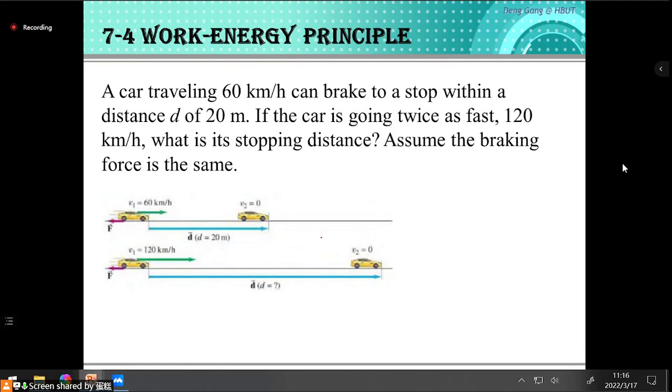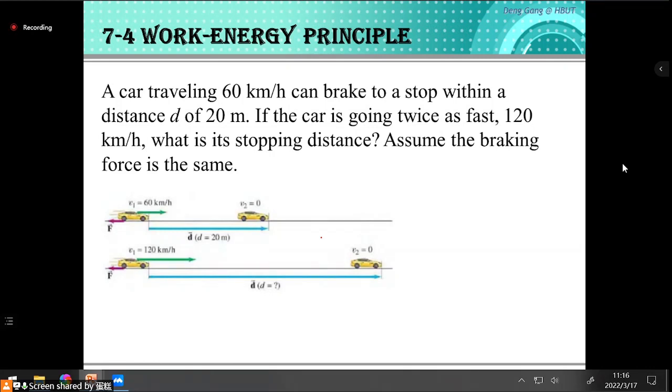If the car is going twice as fast, for example, 120 kilometers per hour, so that's maybe the speed on the highway, right? So what is its stopping distance, assuming the braking force is the same?